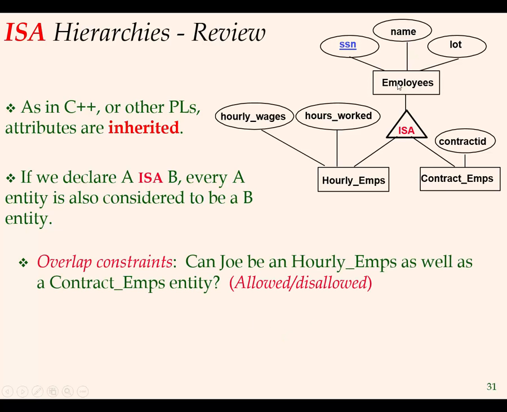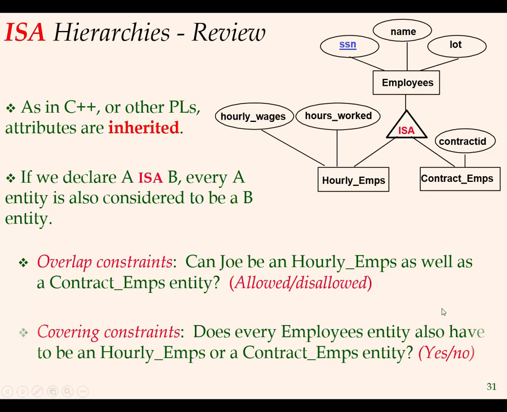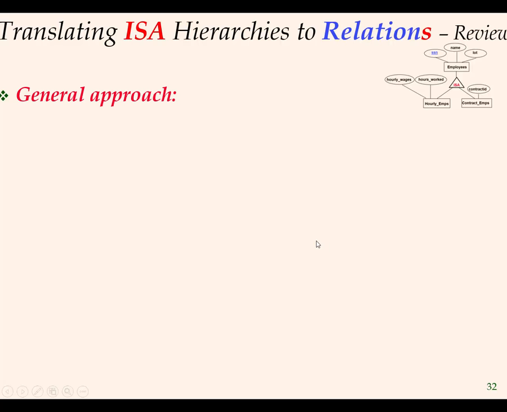Okay, another ERD is the ISA. So here are the three entity sets. This is a relationship set. You have to actually understand if you can allow an employee to be both hourly and contract, or any employee to be either hourly or contract. So these are decisions you have to make.